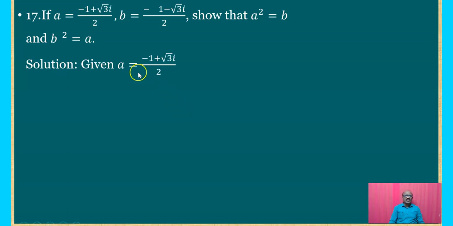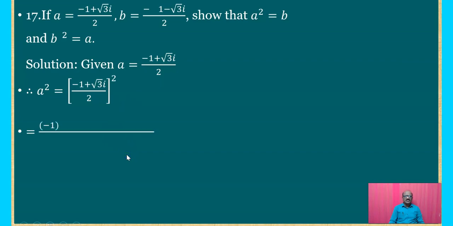Given that a is equal to (minus 1 plus root 3 i) upon 2, now its square: (minus 1 plus root 3 i upon 2) whole square. Expand this: (minus 1) square plus 2 into minus 1 into root 3 i plus (root 3 i) square, upon 2 square.